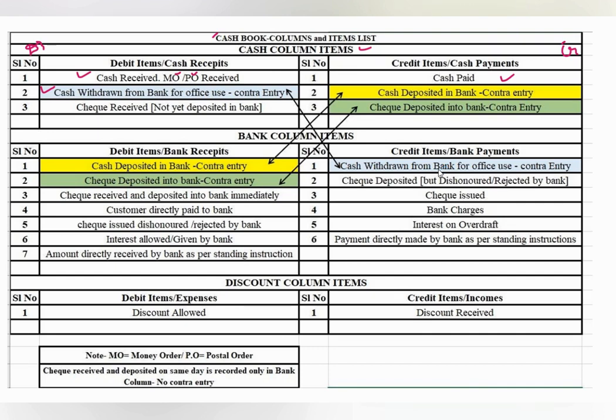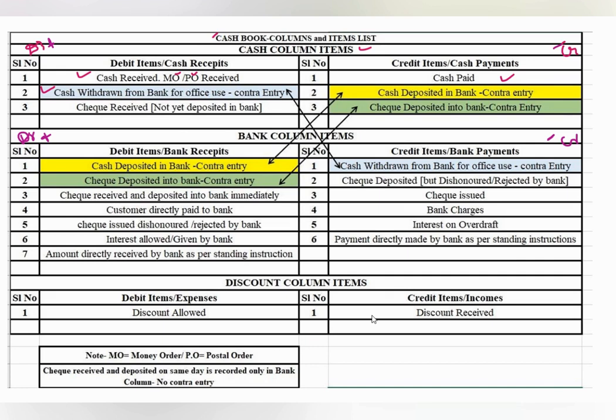Why? When we are withdrawing cash from the bank, the amount in the bank is reducing. Credit here means reducing, and debit means increasing, when it comes to the cash column and the bank column, not the discount column.